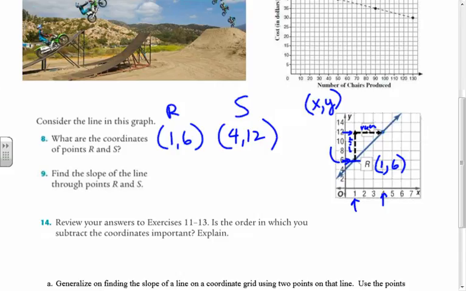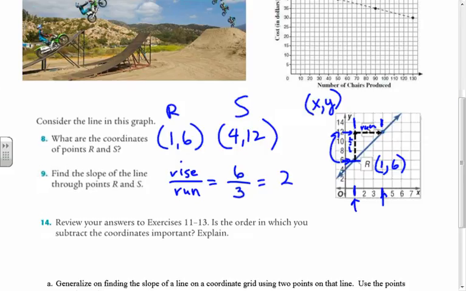So the rise is, I'm going up 6. So let's just write this out, rise over run. We're going up 6, and then we're going to go over. Our run goes from 1 to 4 on our x-axis, which is going over 3. The run is 3. And then we just divide those two and we get 2.